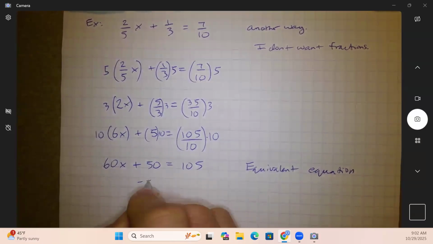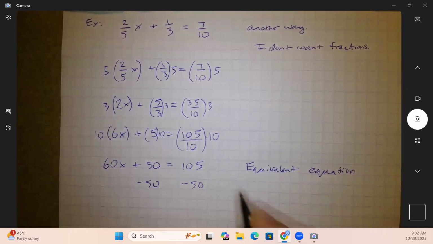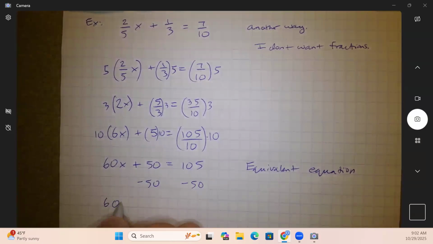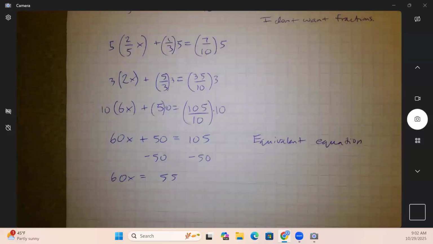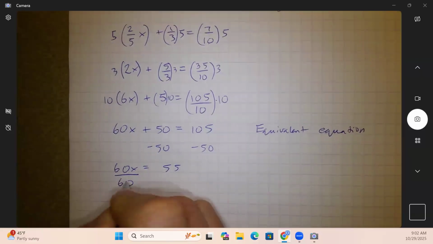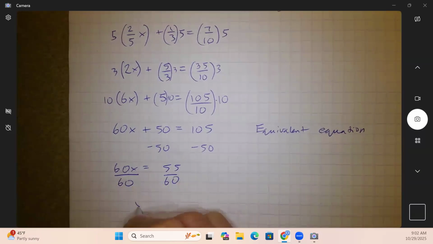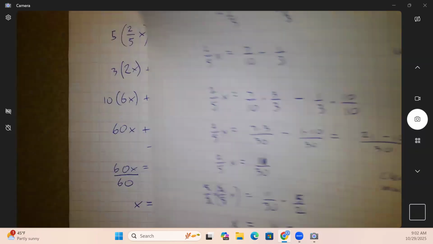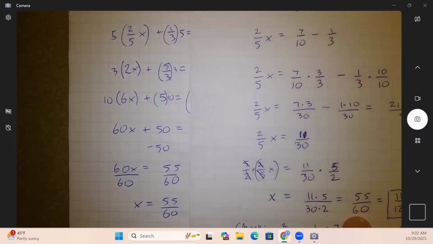Now I can solve this using my rules without having to deal with fractions. And I get 60x equals 55, because 105 minus 50 is 55. And I divide both sides by 60. And guess what? This is the exact same fraction I got before, 55/60.